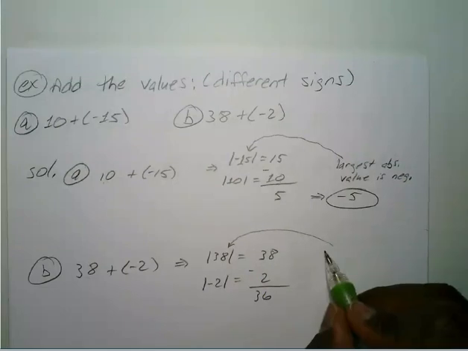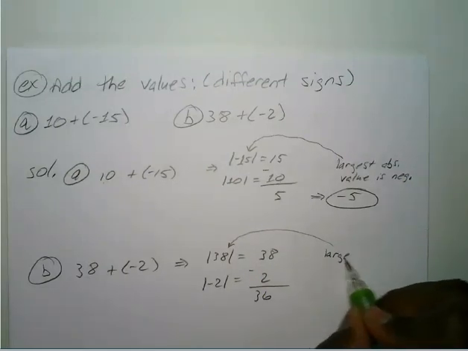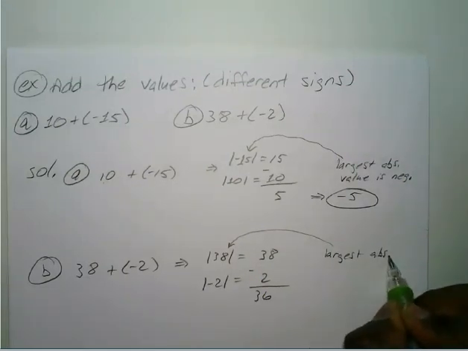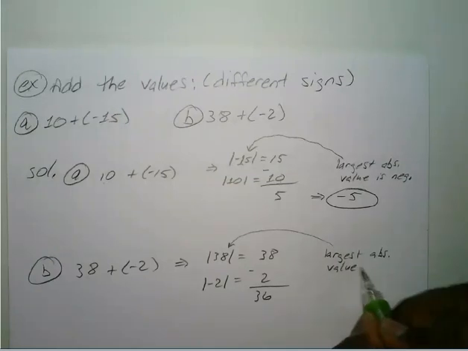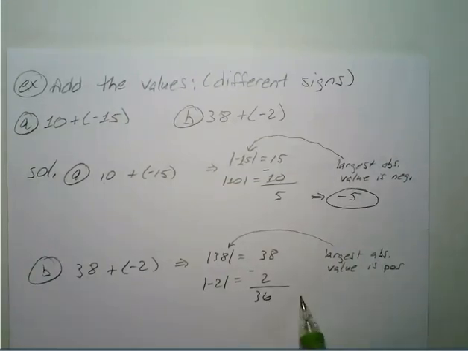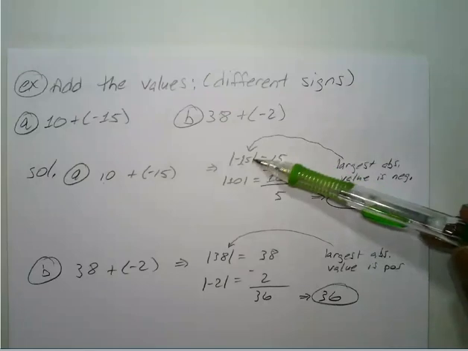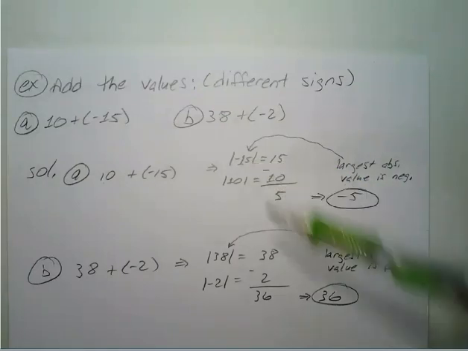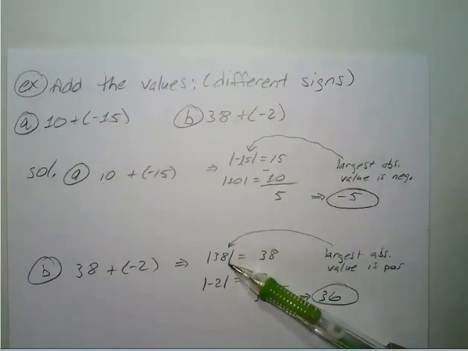Now our largest absolute value is positive, so this 36 stays a positive 36. It only changes to negative if your largest absolute value is negative. In this case, it's positive, so our answer stays positive.